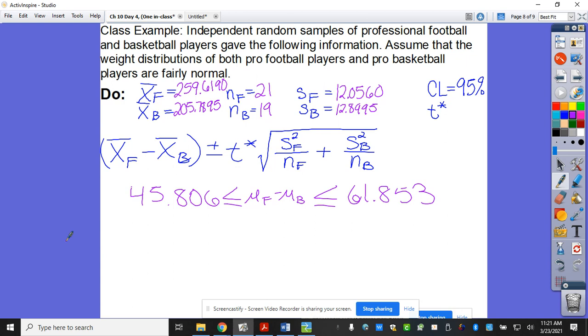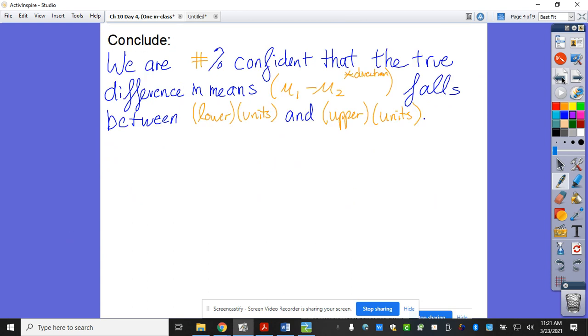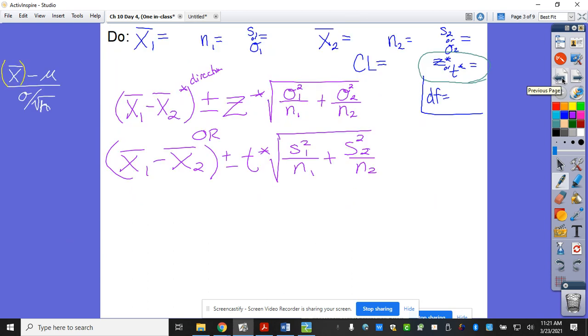Questions with this problem? Yes. Should we add that little interval part at the bottom to the generic voice of process? Like lower. That's probably not a bad idea. Yeah. This part right here. Let's add lower, less than or equal to mu1 minus mu2, less than or equal to upper.